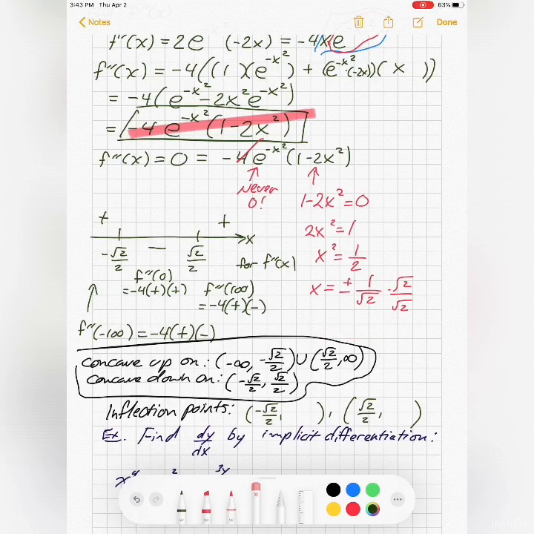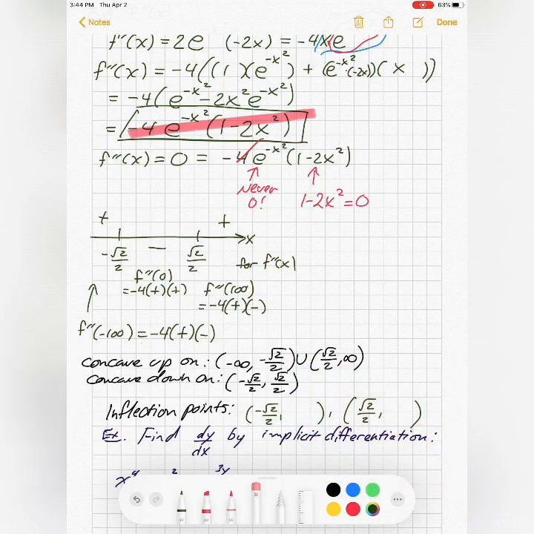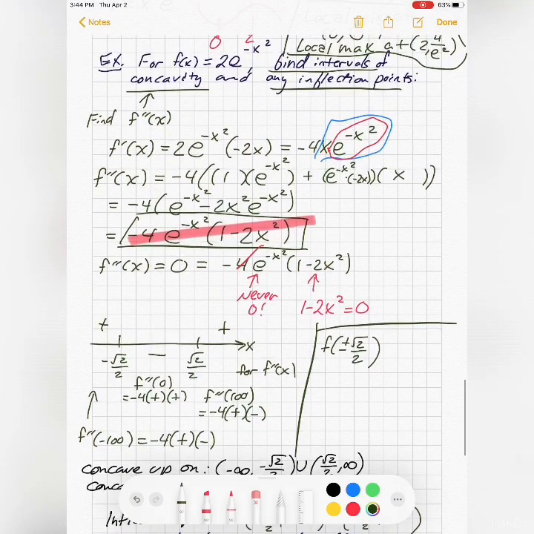And so let me clean this up again. So for this part, again, I have to look at the function itself and say, okay, what about actually evaluating the function at positive and negative root 2 over 2 to get the y values. So where was the original function? That was up here, right? Okay, so if I plug either positive or negative root 2 over 2 in the function, look what's going to happen.